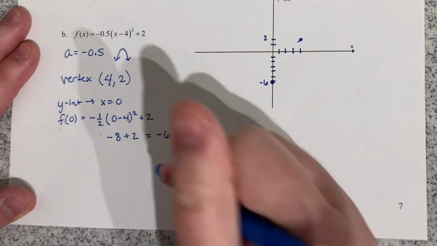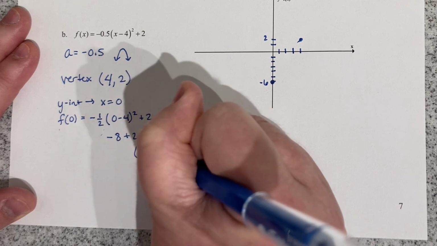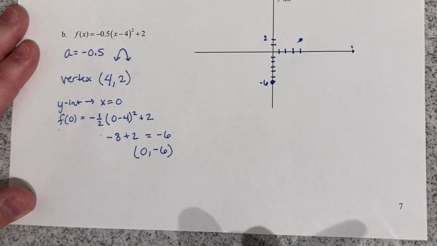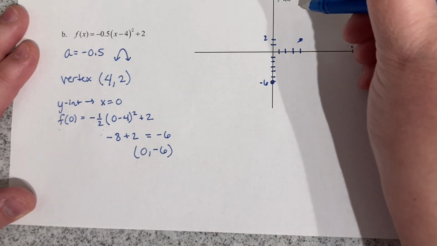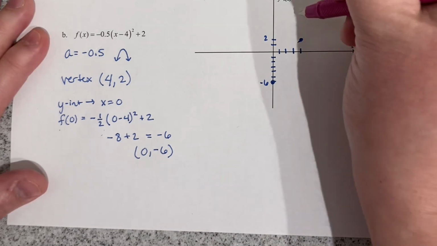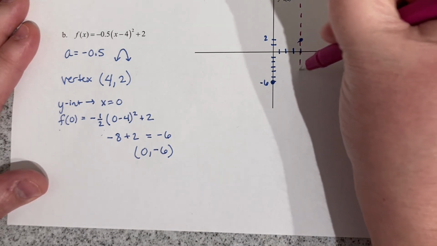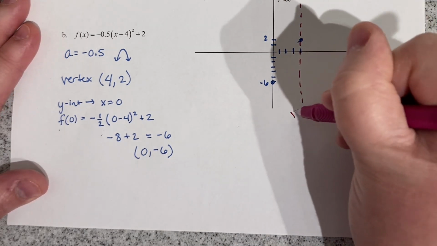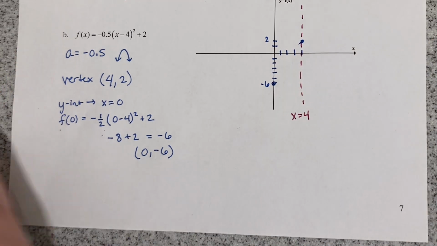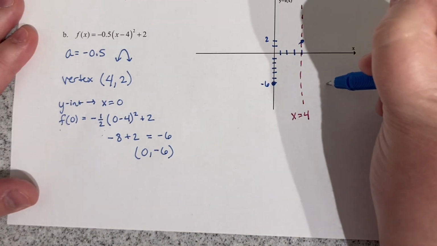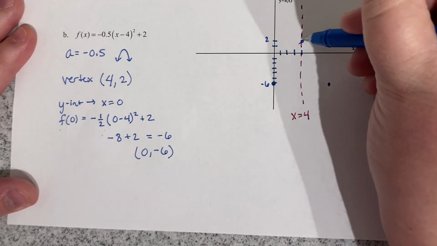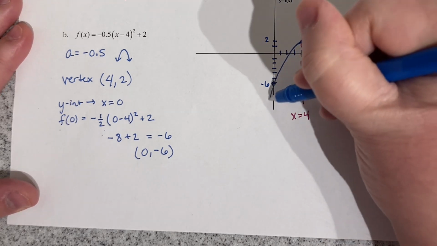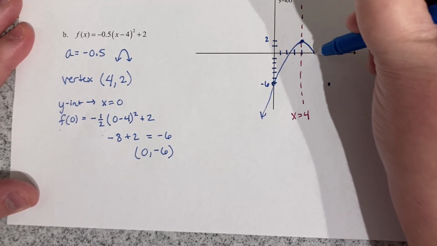That will be where the y-intercept is, the point 0, negative 6. Now, if we use the axis of symmetry, the line x equals 4, I can figure out that there's another point over here, and that might be enough to draw something decent.